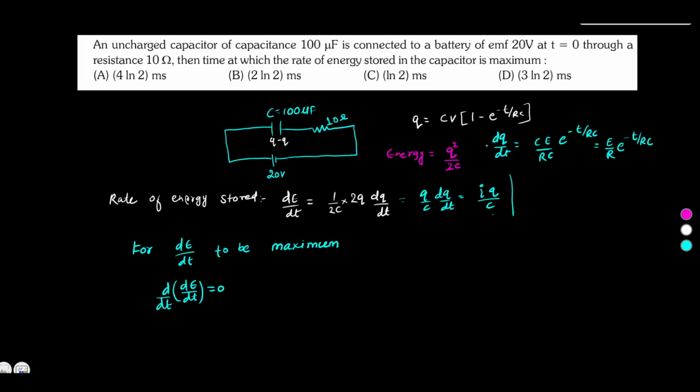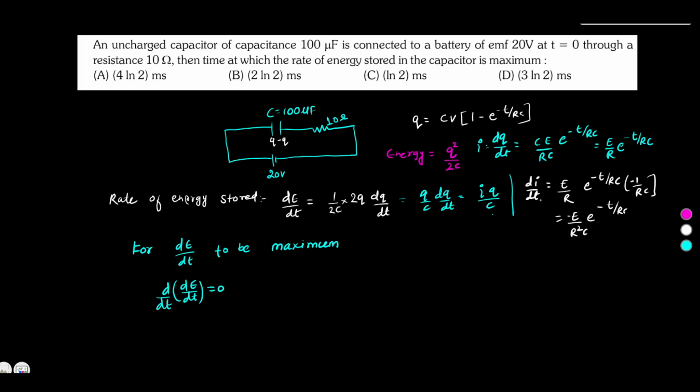And what is dI by dt? Because I will also require dI by dt, let me calculate it. dI by dt will be E by R, and the exponential remains, with the differentiation of the exponent giving minus 1 by RC. So this becomes minus E by R square C e raised to the power minus t by RC.